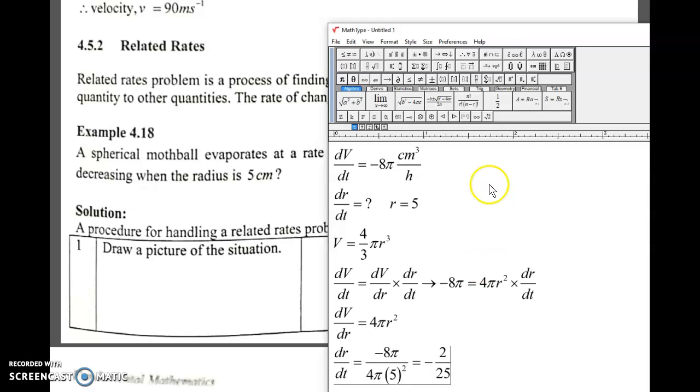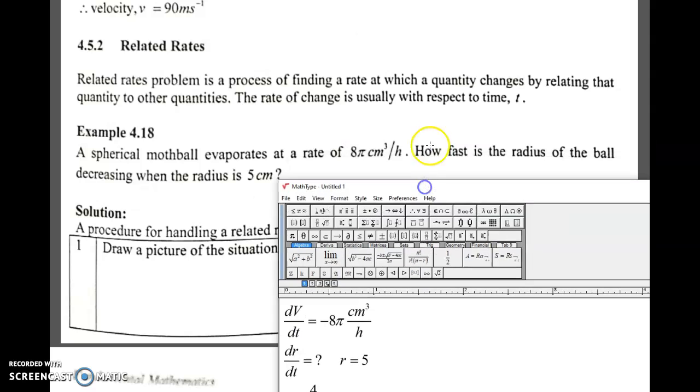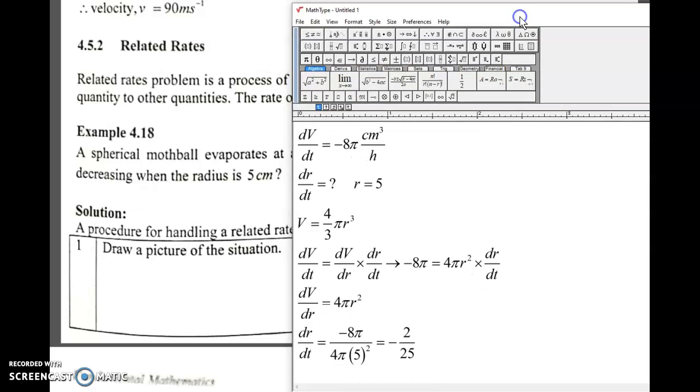So we now get the answer. If you want to make a sentence out of it, we can say that the speed of the radius of the ball decreasing when the radius is 5 is negative 2 over 25. But to make it more precise, you should include the units. What is the unit? We know that if it is about the speed of a car, it is kilometers per hour. What about this one?